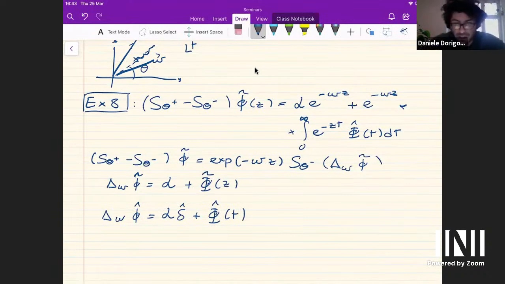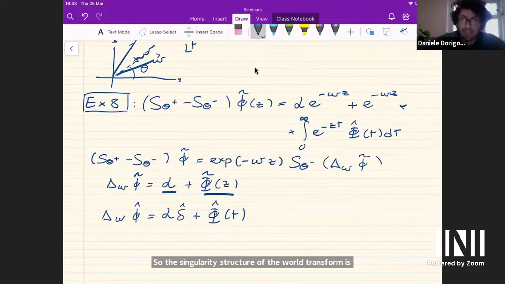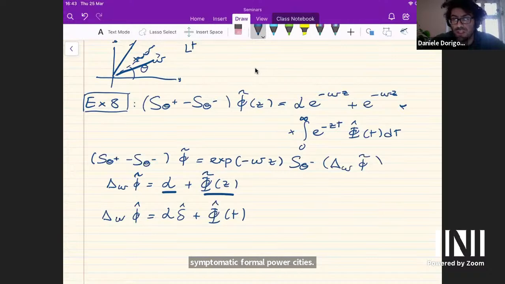So the singularity structure of the Borel transform is captured by, okay, a constant, but another asymptotic formal power series. And the difference in resummation, as you have seen over and over during this course, is exponentially suppressed, and it carries information about this other singularity.